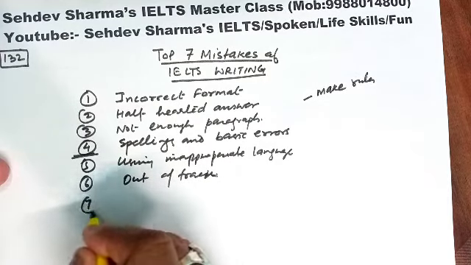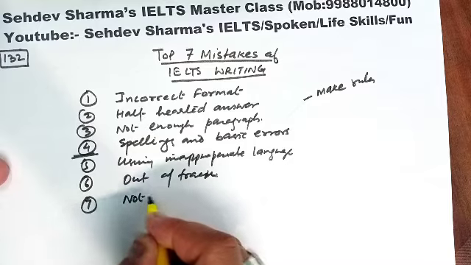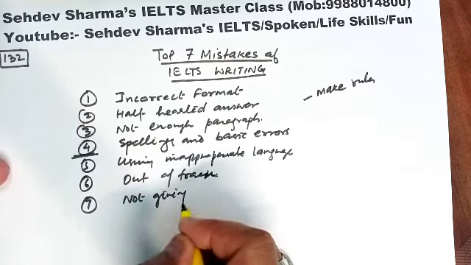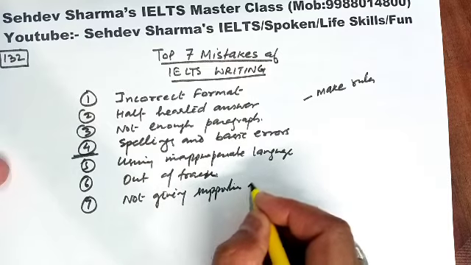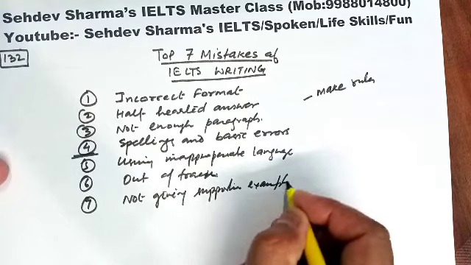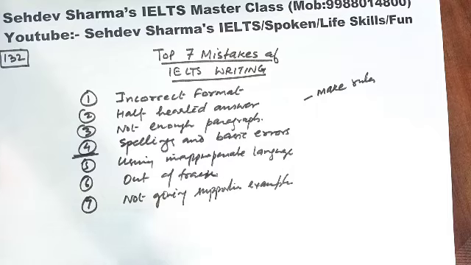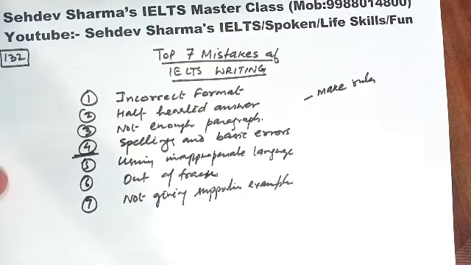And last but not the least, not giving sporting examples. See, my dear students, every BP, either 1 or 2, must have one sporting example, that too particularly with reference to something international, right?